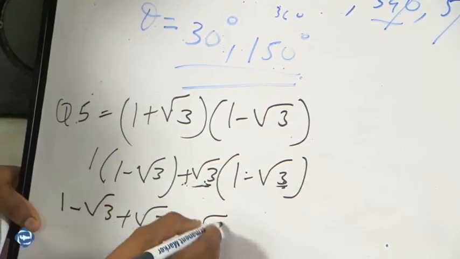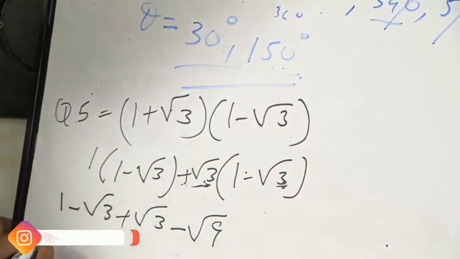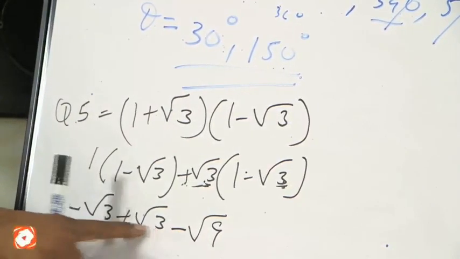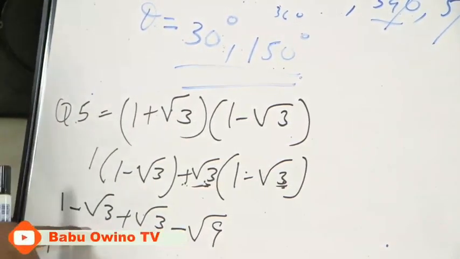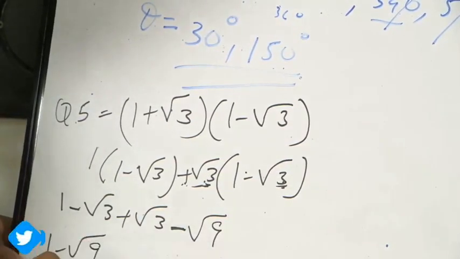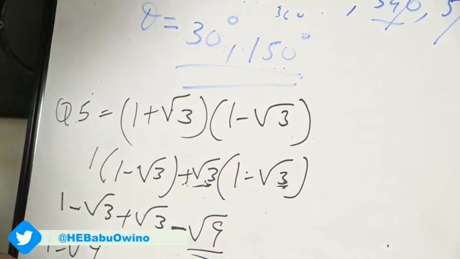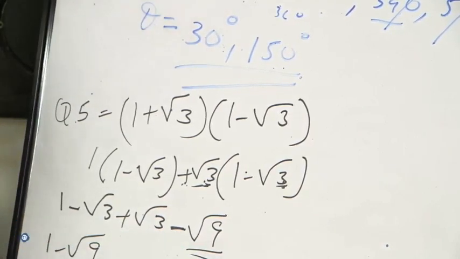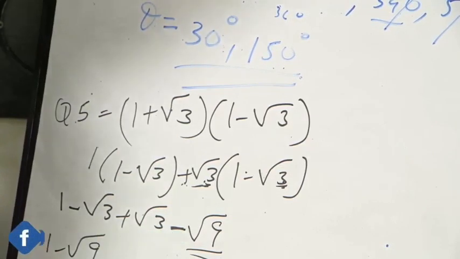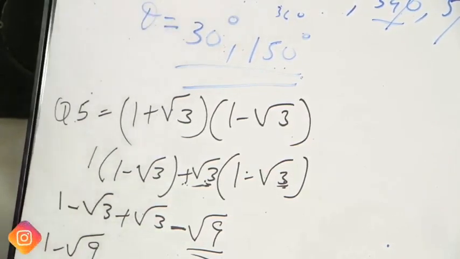That is root 9. Therefore, 1 minus root 3 plus root 3 is 0. It's the same as 1 minus 1 minus root 3 plus root 3 is 0, minus root 9. Root 9 is 3. You get 1 minus 3, which is minus 2.